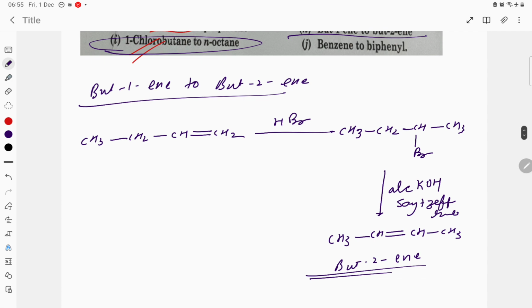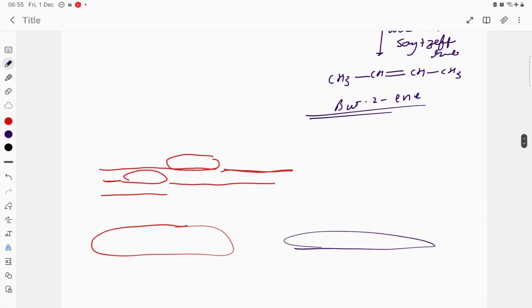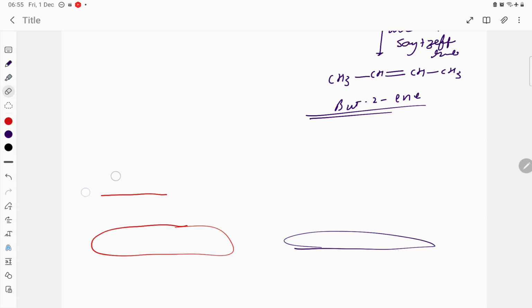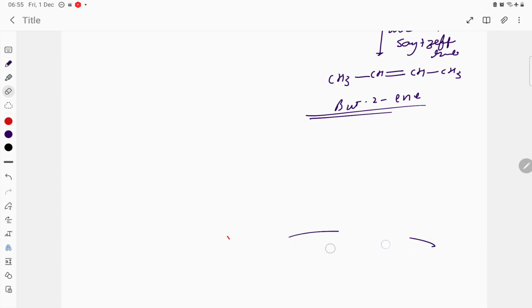1-chlorobutane to octane. This is very simple, student, just the simple Wurtz reaction. Let us see, student, what is 1-chlorobutane to octane.